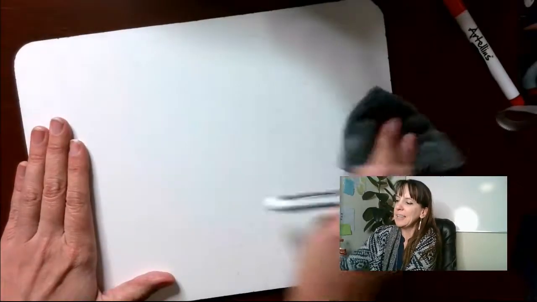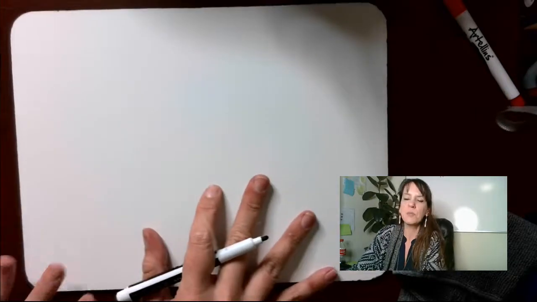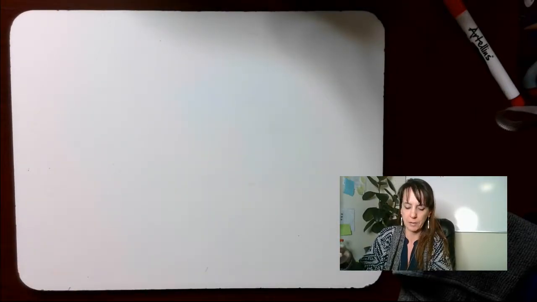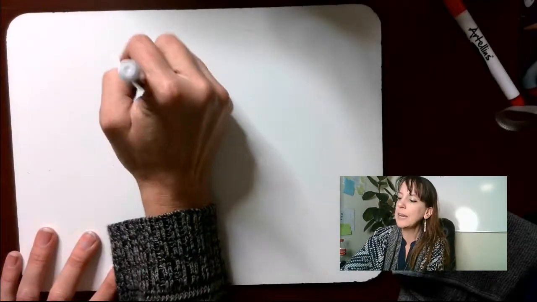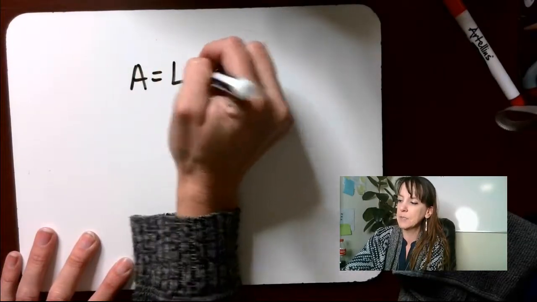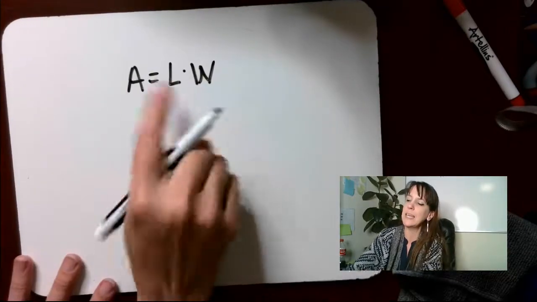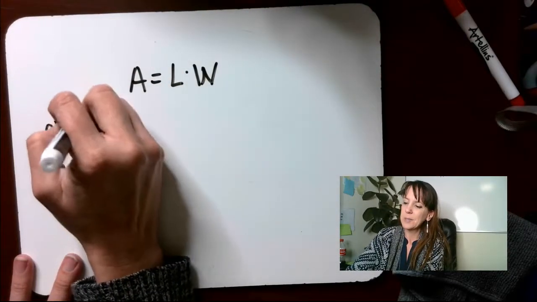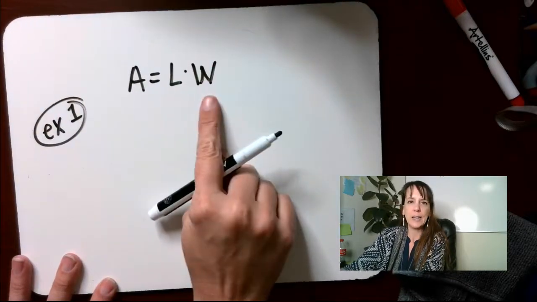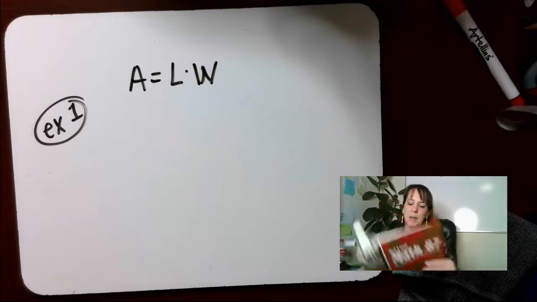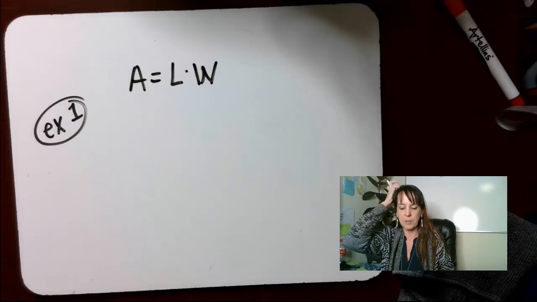So we've recently talked in class and on the videos about finding the area of something, right? We know the area of a rectangle is length times width. For example number one, if you're following along at home, I'm in the second edition Saxon 8.7, on page 249.